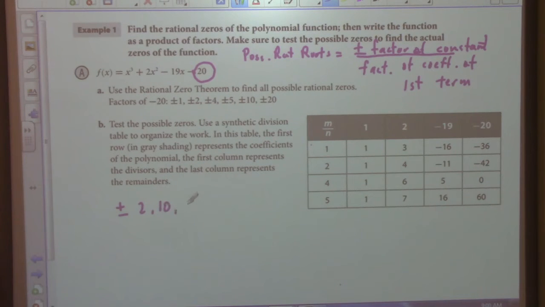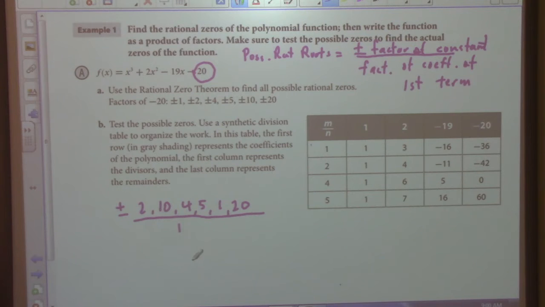What else? 4. 5. 1. 20. Okay, so it's plus or minus these factors. And what's our coefficient of the first term? 1.